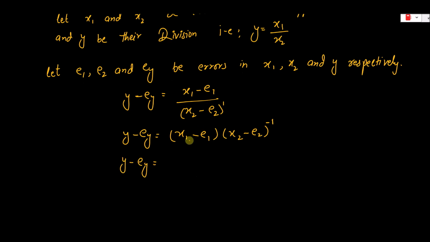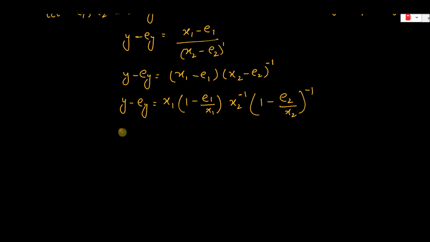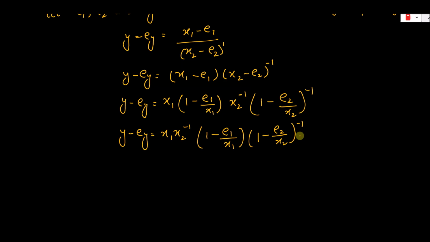We are taking x1 common from the first, so it should be E1 by x1, and from the second we are going to take x2 raised to the power minus 1 common, so it should be 1 minus E2 by x2 raised to negative 1. So we simplify it to Ey, that should be equal to x1 and x2 raised to negative 1, so 1 minus E1 over x1 and 1 minus E2 by x2 raised to negative 1.